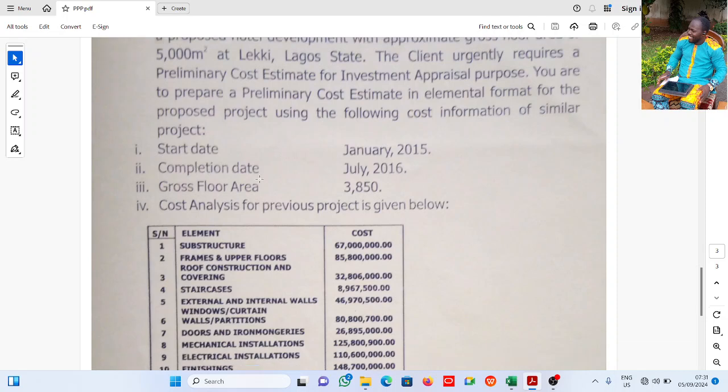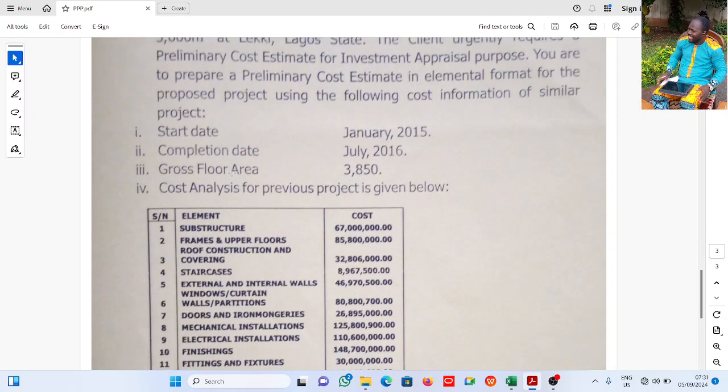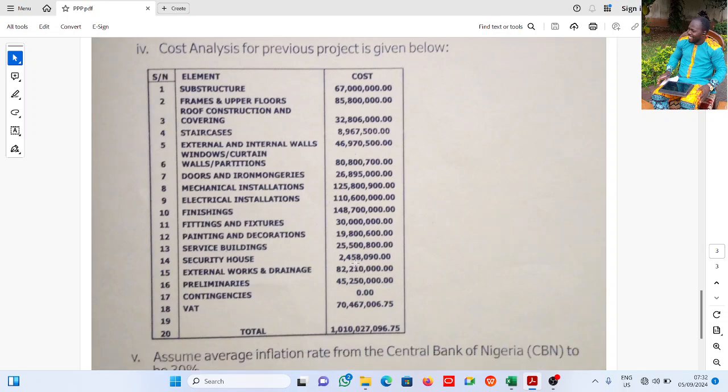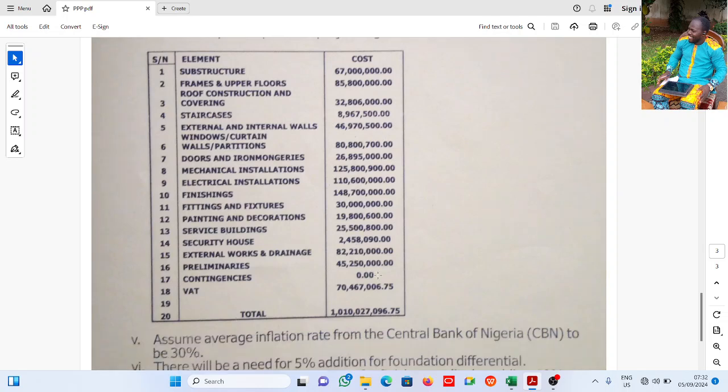The start date is this, the completion date is this, the gross floor area is 3,850, and the cost analysis for the previous project is given below. Now this is what we have here. Substructure is 67 million, frames and upper floor 85,800,000, and so on, and there are no contingencies.